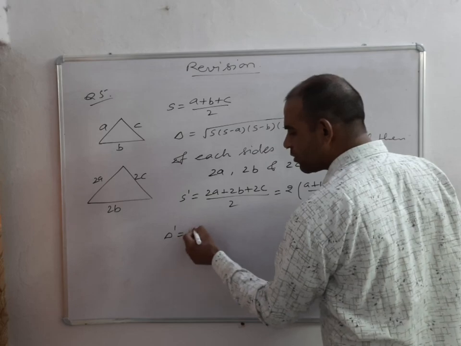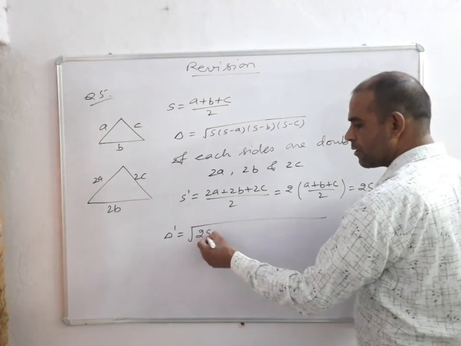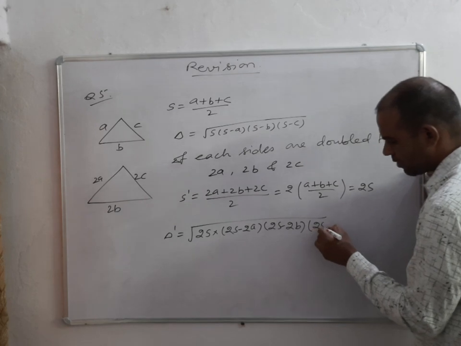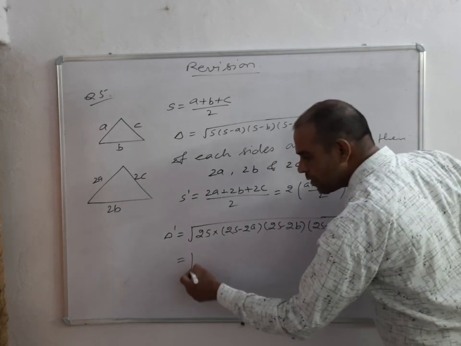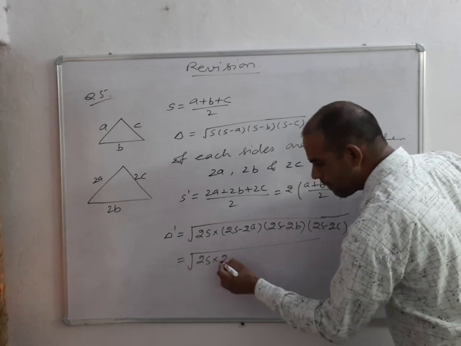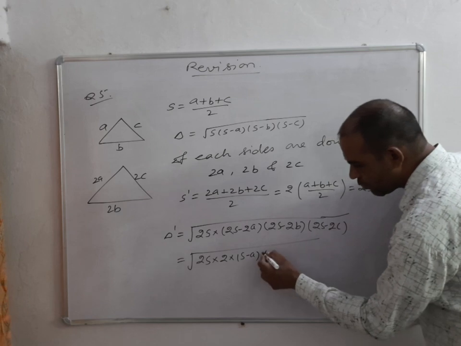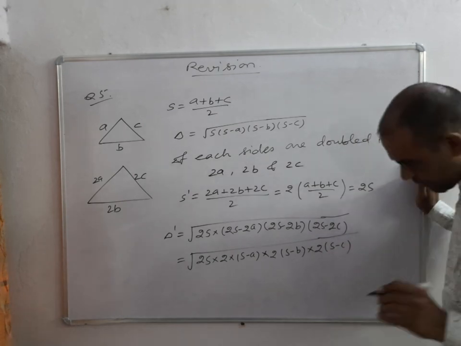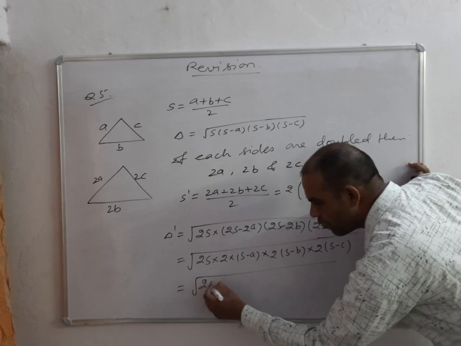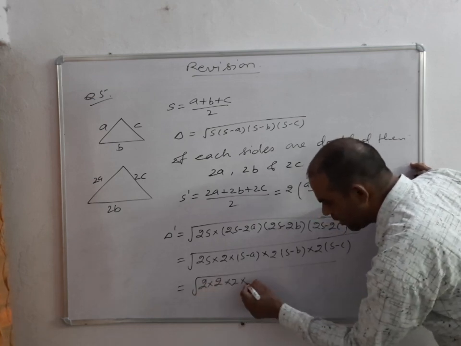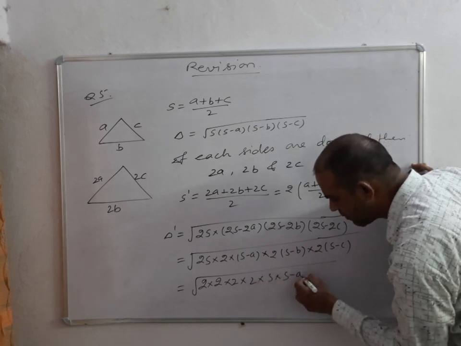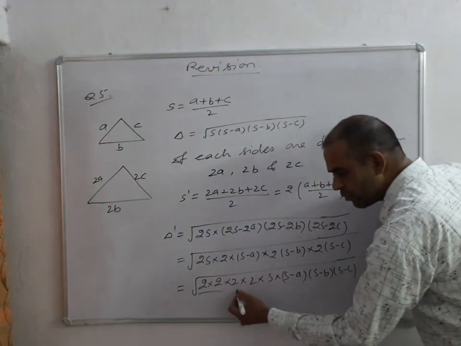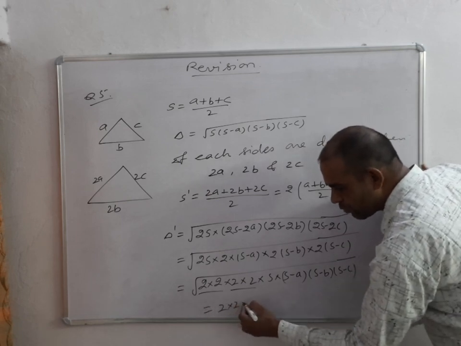Again its area, delta dash, 2S into 2S minus 2A, 2S minus 2B, and 2S minus 2C. 2 is common, and 2S minus 2A, यहाँ 2 common, S minus A. फिर 2 common, S minus B. And next term 2, ये 2, ये 2 and 2. 2 in 4 times S, S minus A, S minus B, S minus C. ये 4 2 है तो 2 2 का एक पेयर बना, 2 into 2.